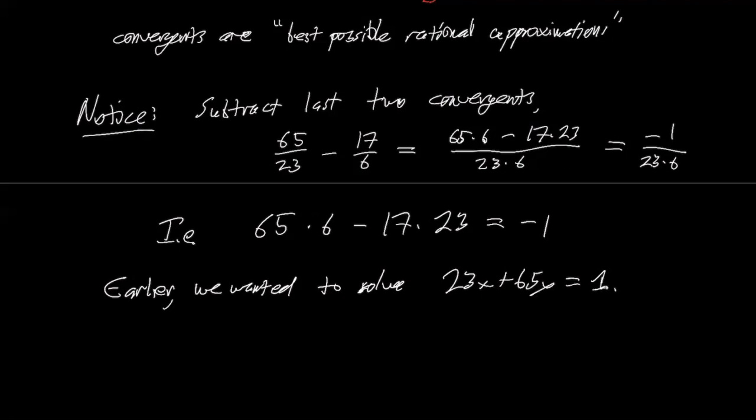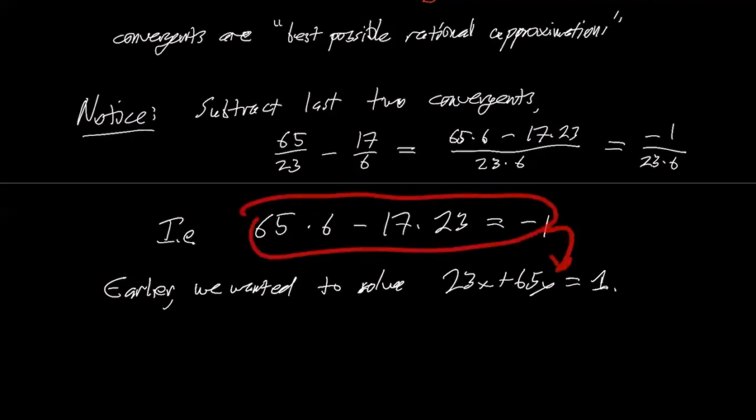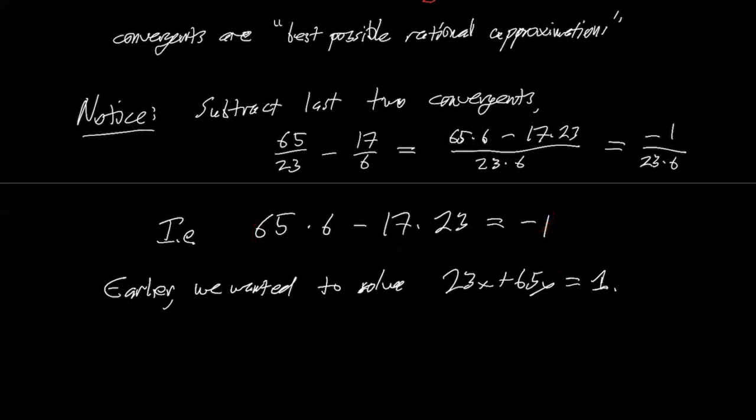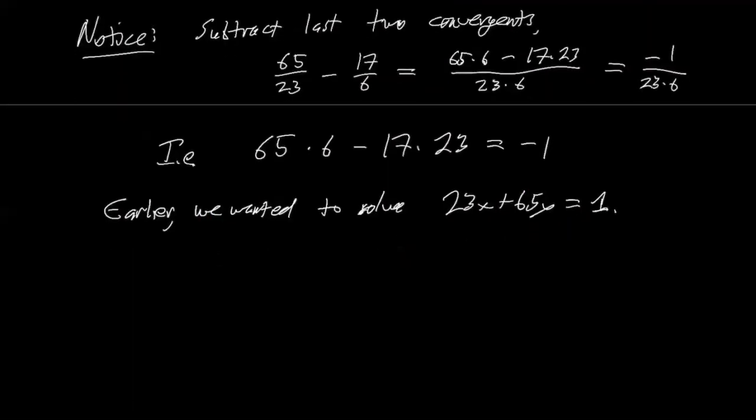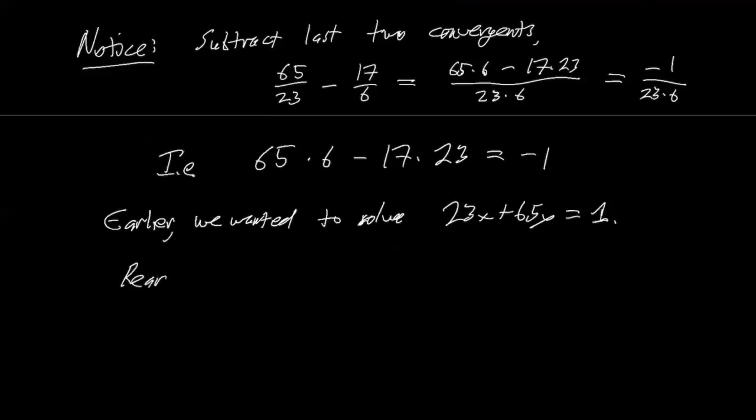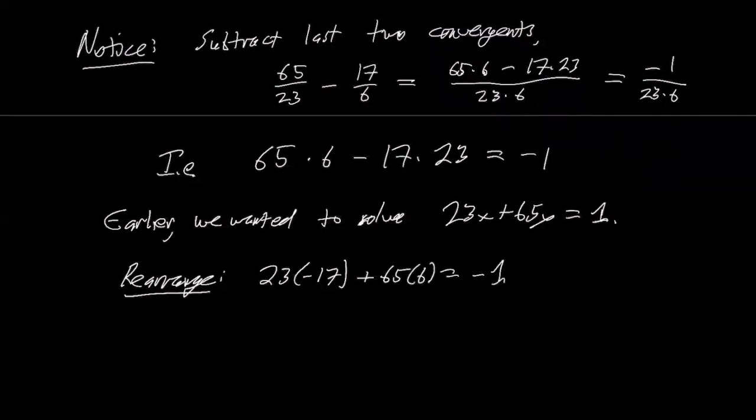You could certainly convert this into that, right? So rearrange. I can rewrite that as 23 times -17 plus 65 times 6 equals -1.